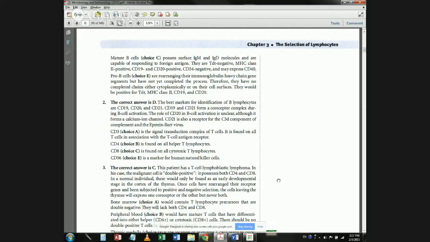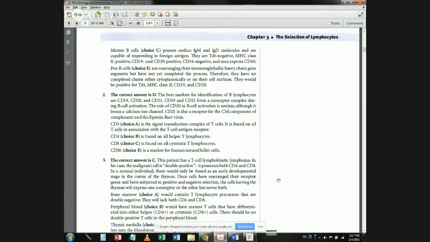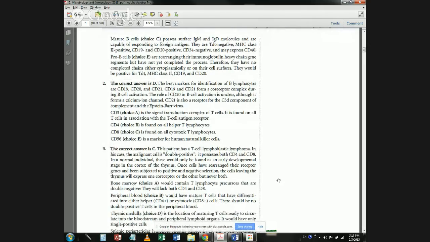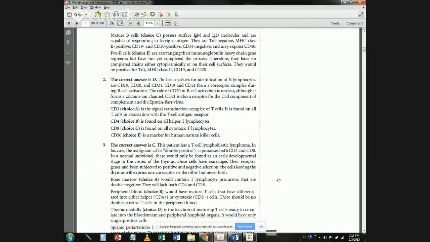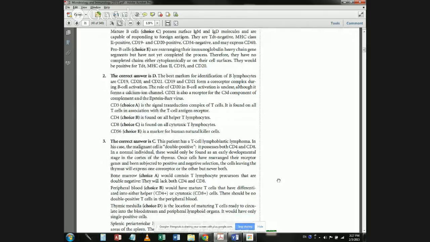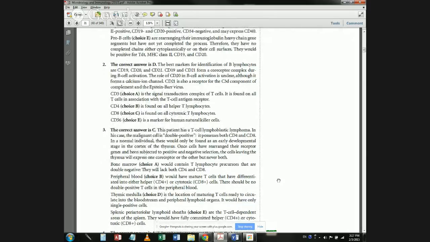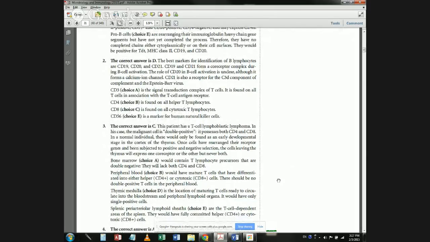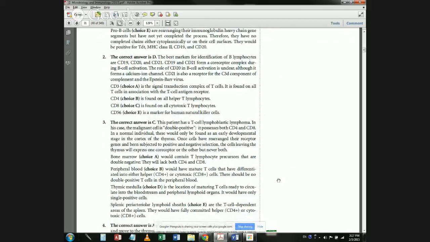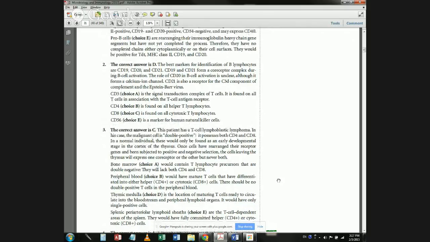There should be no double positive T cells in the peripheral blood. Thymic medulla is the location of maturing T cells ready to circulate into the bloodstream and peripheral lymphoid organs, which would have only single positive cells.